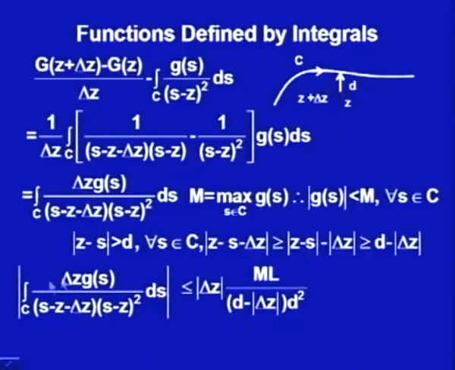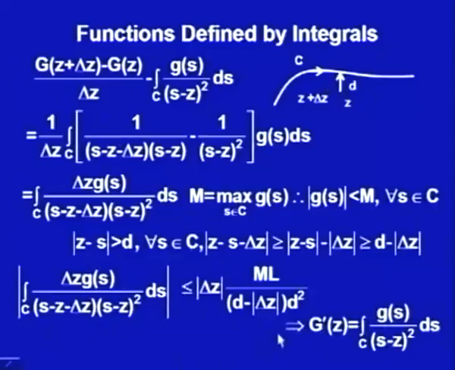This integral was nothing but the difference of these two things. So, the absolute value of this difference can be made 0, or in other words, from the definition of the derivative, G dash z, which is the limit of (G(z plus delta z) minus G(z)) upon delta z as delta z approaches 0, is the integral along the path C of G(s) upon (s minus z) square ds.